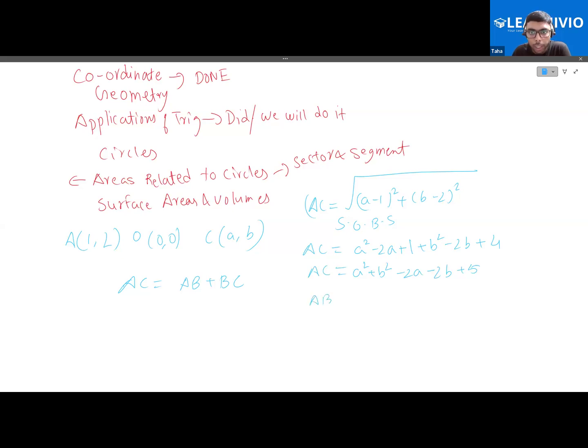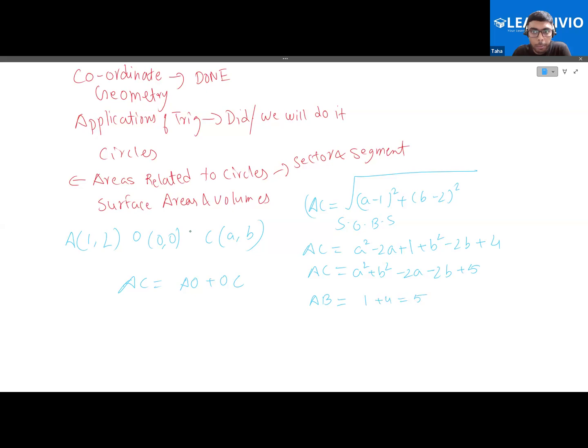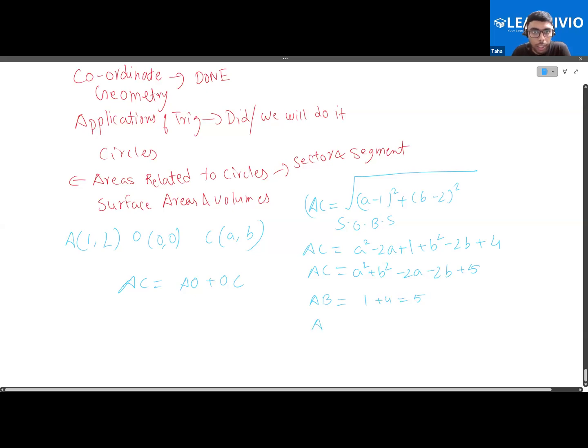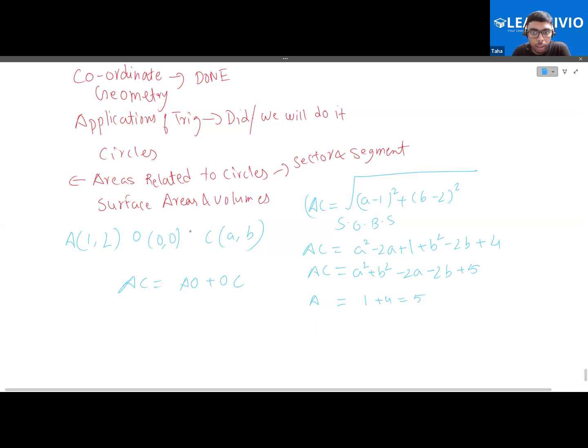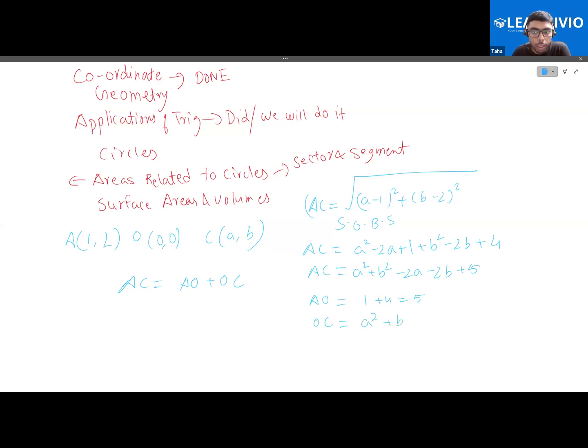And then AB, in the sense this is O, this is OC. AO would be 1 plus 4, this would be 5, root 5. OC would be A square plus B square, right?